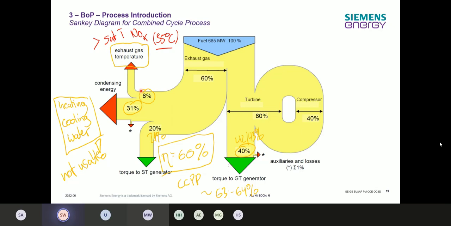So you have here 39% with the 1% from the auxiliaries, 40% losses in here. And this, of course, you try to reduce as much as possible. So we saw already here gas turbine will increase, steam turbine getting a little bit more efficiency, so that we're getting here to 63, 64%.